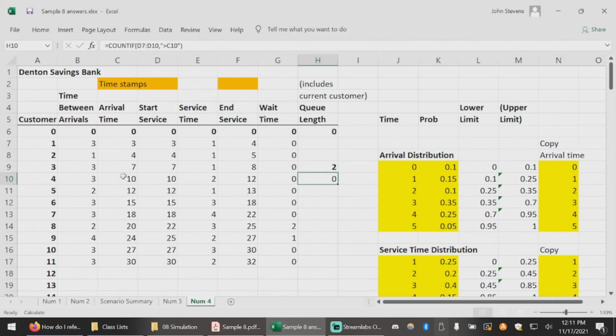Now, unfortunately, in Excel, if I have a specific number in my criteria, it's okay. But if I have a cell reference, then I have to put the inequality in quotations, then an ampersand, and then the cell reference.